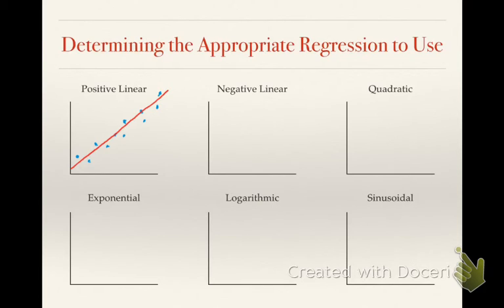A negative linear correlation occurs when you have points that look like they lie in a line, but they are going down. They have a negative correlation. So to draw in the line of best fit, it would have a negative slope.